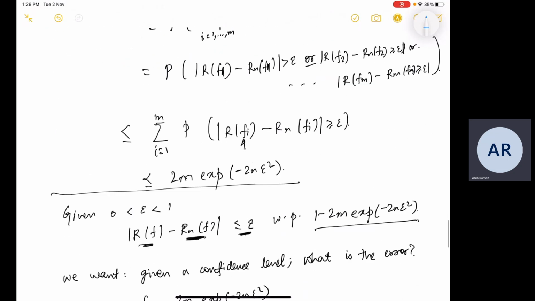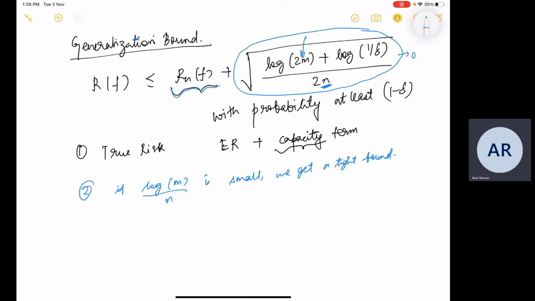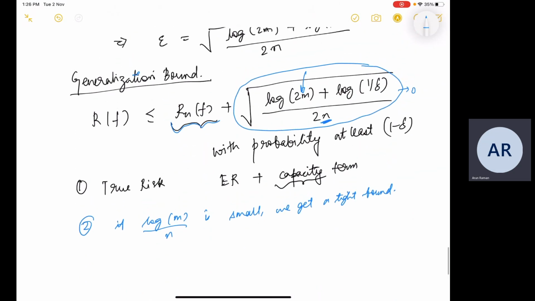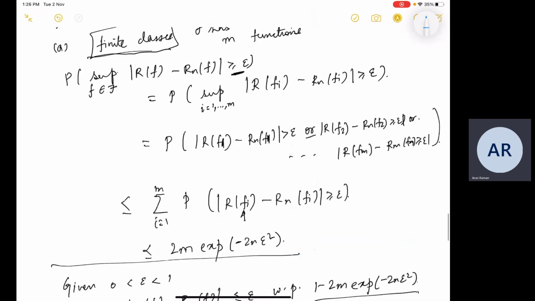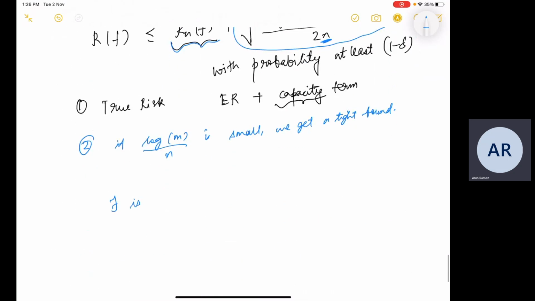So this is like a worst case analysis. We only saw the finite function classes, and the proof here worked out because we have a finite number of functions. But at this point it is not really clear what will happen if the function class is infinite. This is something which we will discuss in the next lecture, and this will lead into the discussion of VC dimension. Okay, so that's all for today.